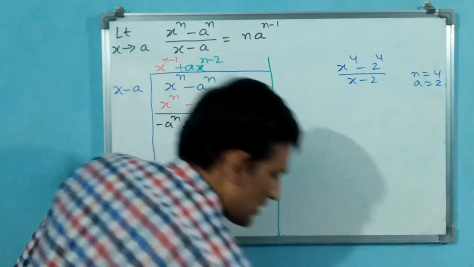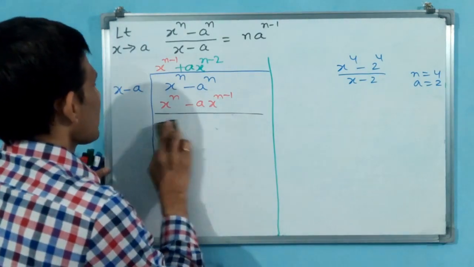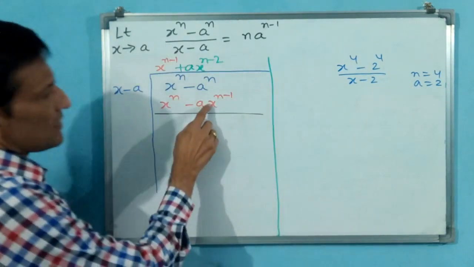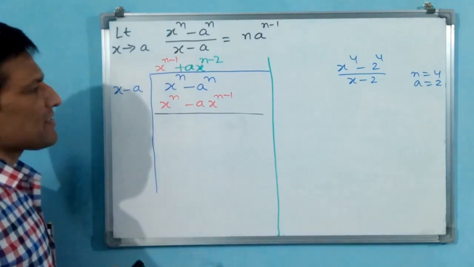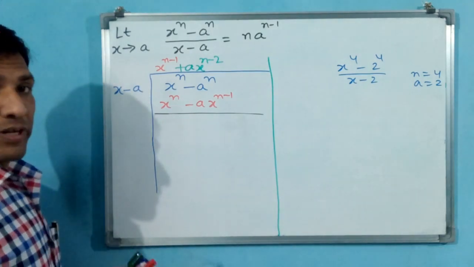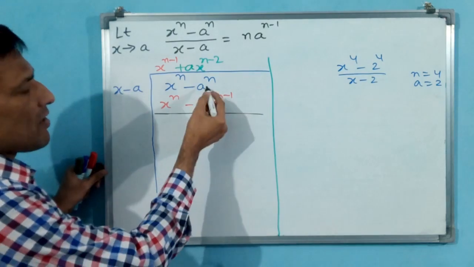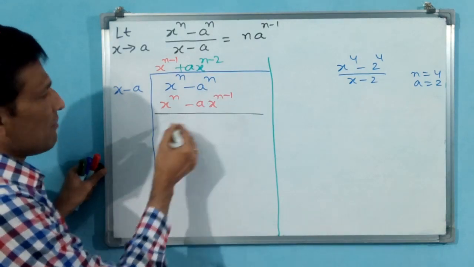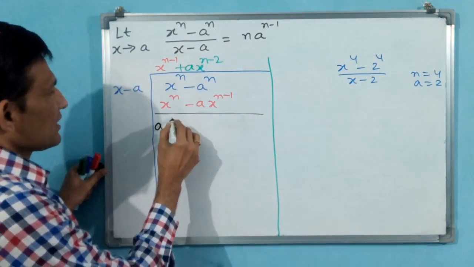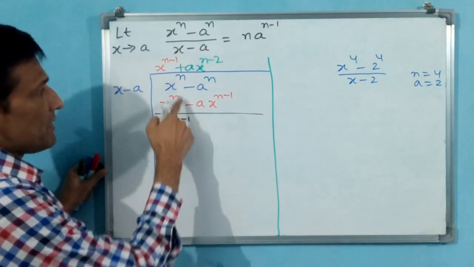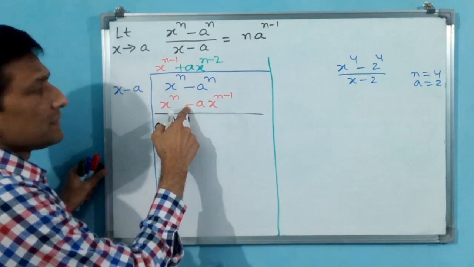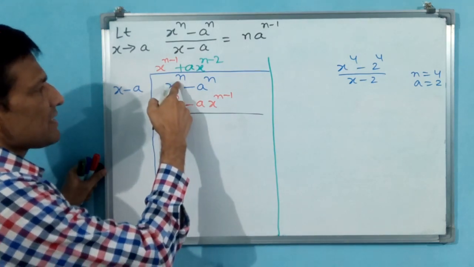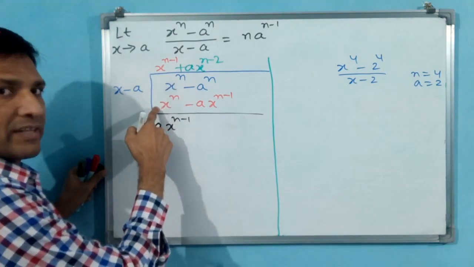Or else, why not do one thing? Why can't we write first this term and next that term? Because the sign has to be matched, that's all. You can write vice versa also. I am writing first plus a x power n minus 1. Why? Because minus of minus is plus. This is minus, that is why x power n minus x power n got cancelled.